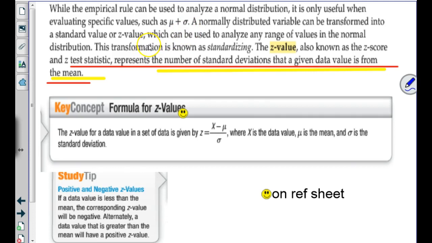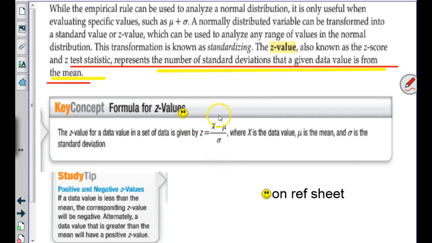The Z-score basically is just the number of standard deviations that we are from the mean. That's it. How far, instead of being exactly one standard deviation away, maybe we're 1.8 or 1.04 standard deviations away, or we're below the mean by 2.3 standard deviations or whatever.